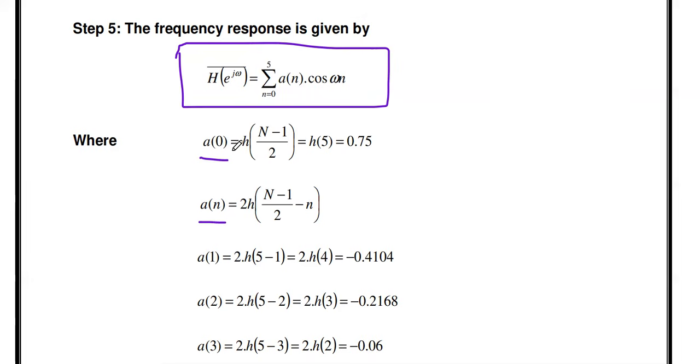So a of 0 is h of (N minus 1) by 2. If I substitute the N value, it is h of 5. What is the h of 5 value? 0.75. Similarly, for the remaining a of n, n equal to 1 to 5, you just use this formula: a of n is equal to 2 into h of ((N minus 1) by 2 minus n).